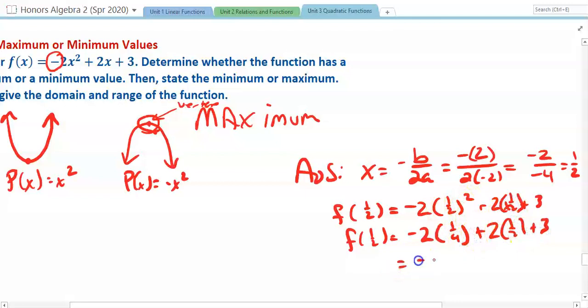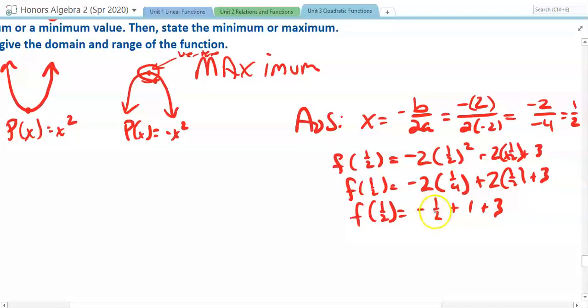And so we're going to get that this is negative 1/2 plus 1 plus 3. And so f of 1/2 is equal to 4 minus 1/2. So f of 1/2 is at 3.5, 3.5.